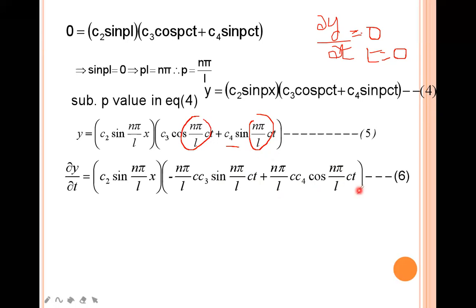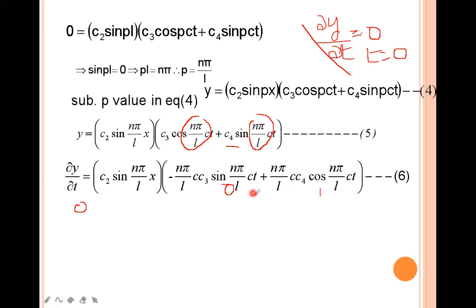Now use the third condition, dou y by dou t equal to 0 at t equal to 0. So t is 0 means sin 0 is 0, and cos 0 is 1 into n pi by L c C4.